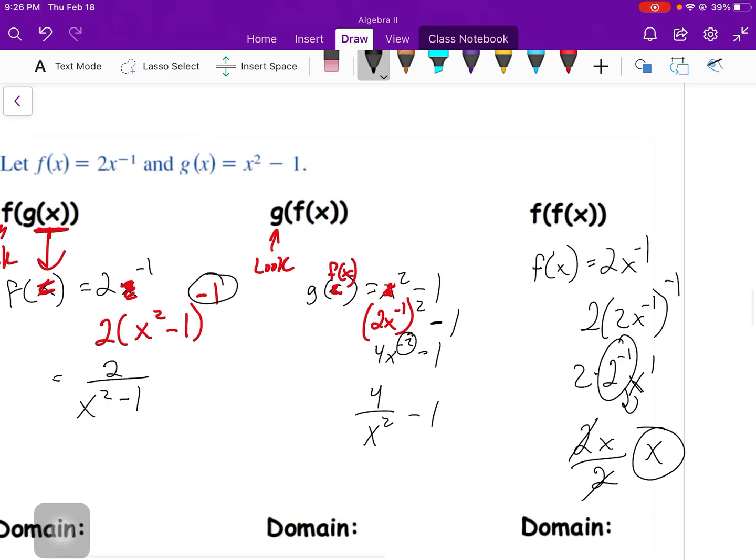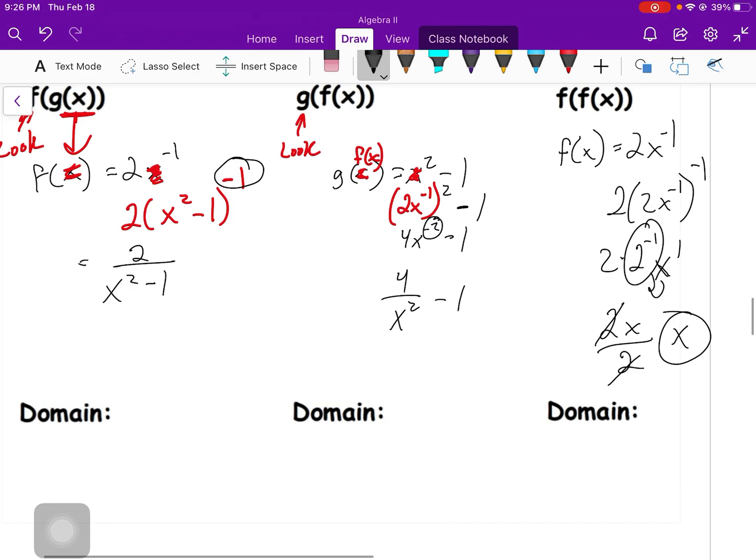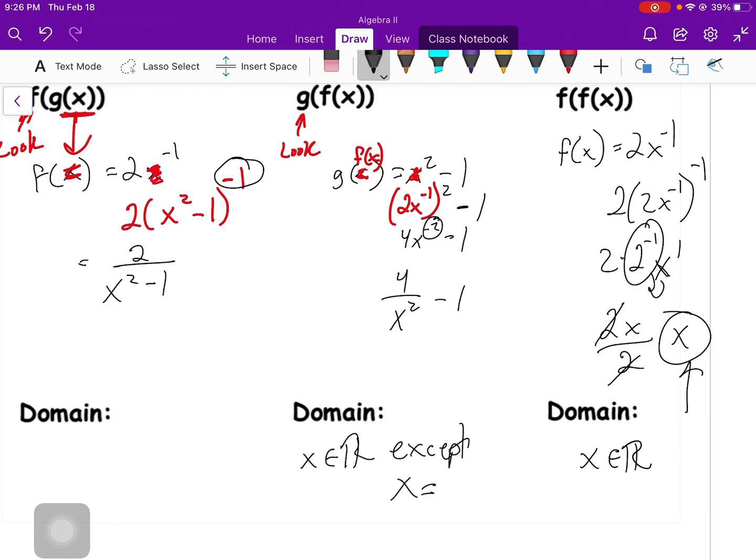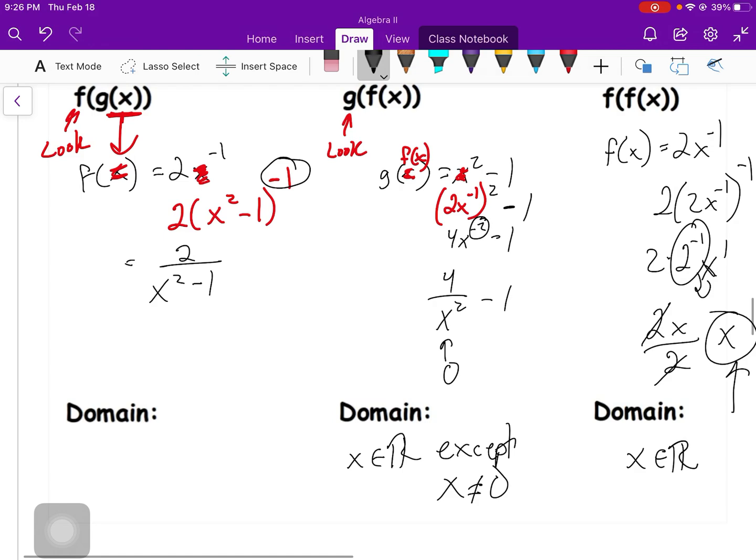Now I'll go backwards on my domain ones. I'm going to start with this last one here first. x is just all real numbers. There's no problem right there. It's this middle one where I'm dividing. So now x is all real numbers except x can't be 0 because I can't have a 0 in the denominator. And this one's a little trickier.